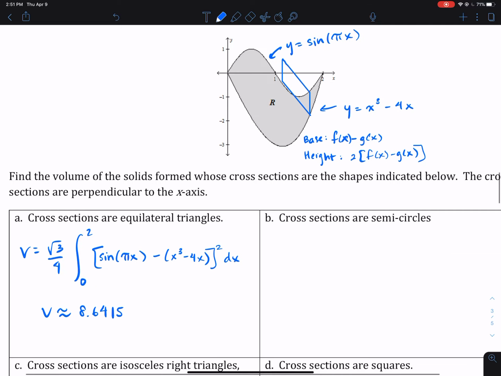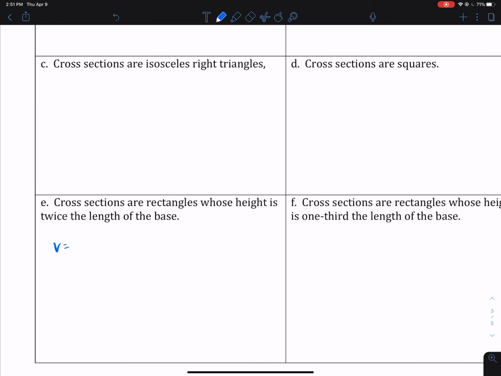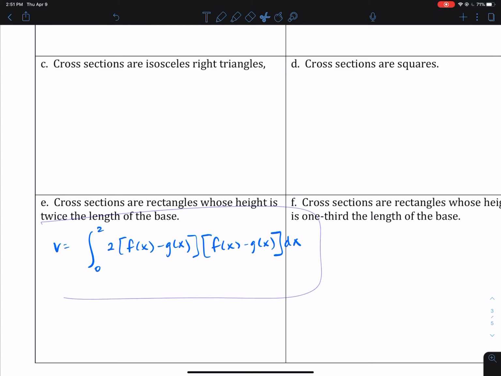right? So your volume is the integral of the area. So integral from A to B, or in this case from 0 to 2, your base times height. So 2, your base times your height. Now I didn't put in the functions yet, dx.